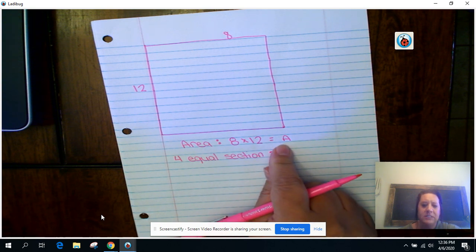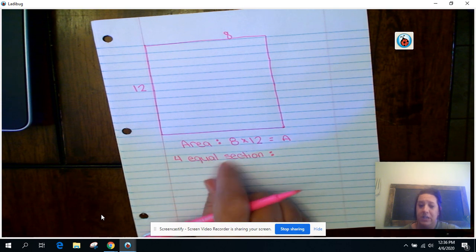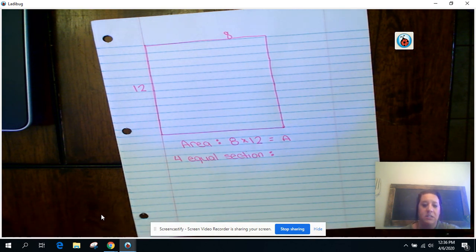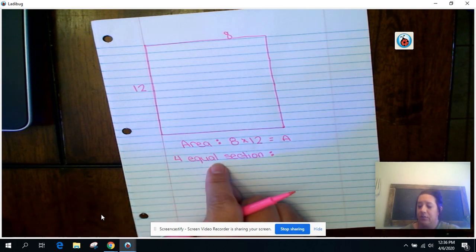So could I use that in order to figure out the area of these sections? And then maybe I could go back in and draw them in. So you might be able to come up with a number sentence that you can write to figure out your 4 equal sections. Maybe I'm not seeing that.